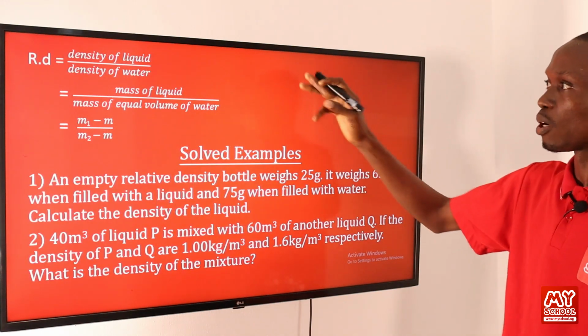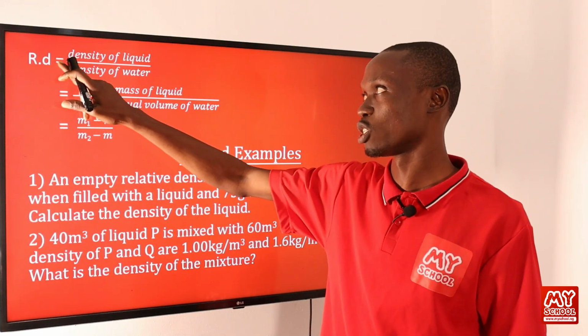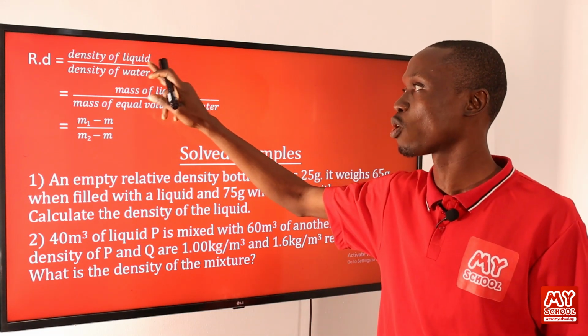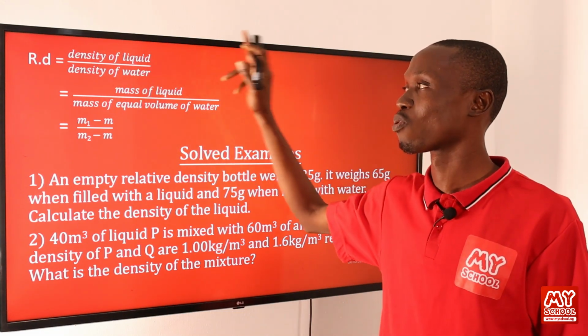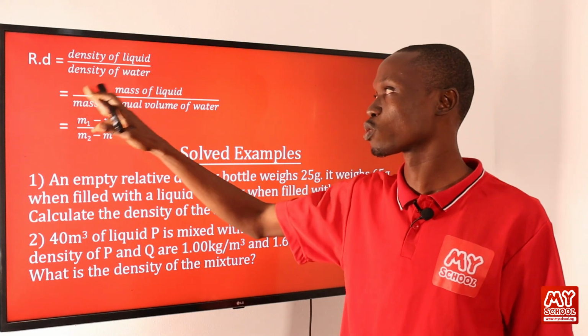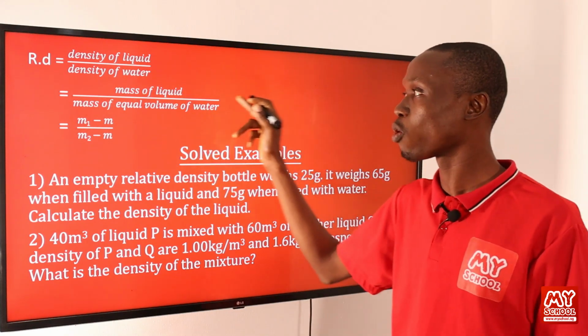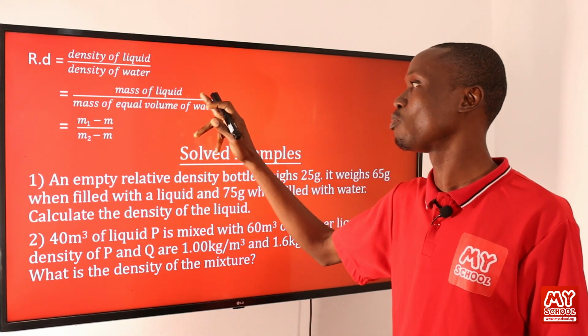Now, we know that relative density is equal to density of liquid over density of water, which is also equal to mass of liquid over mass of equal volume of water.